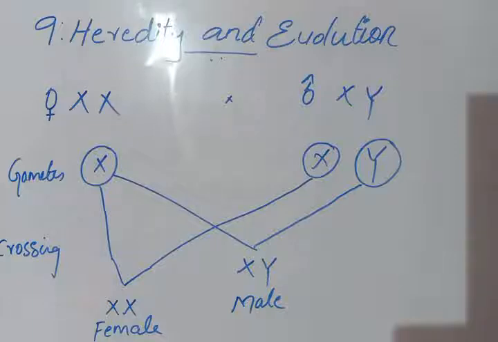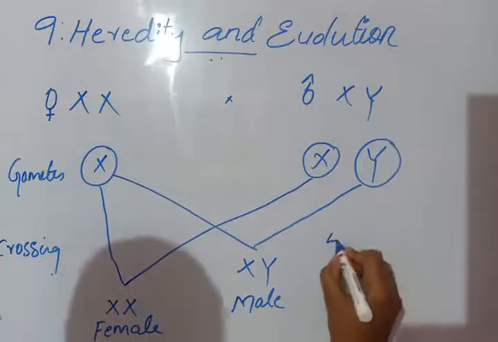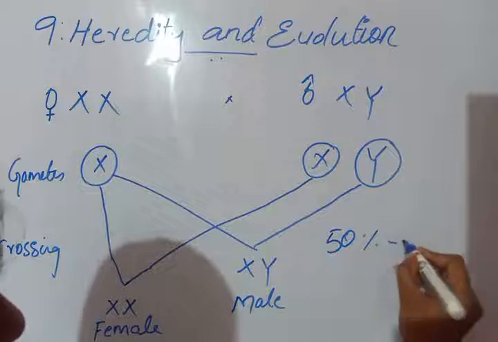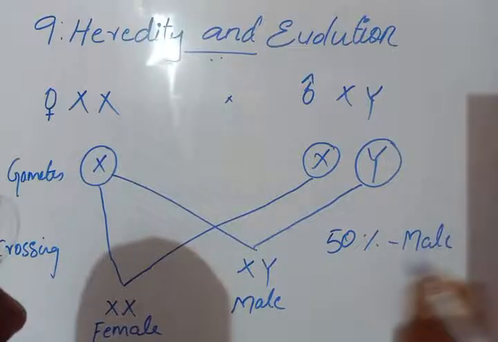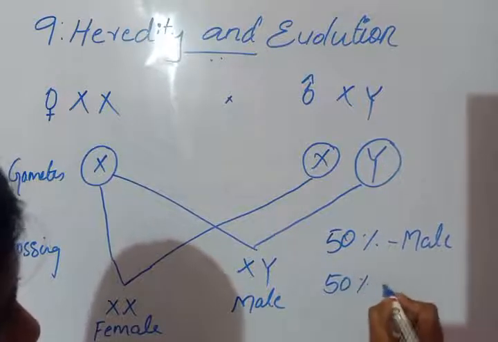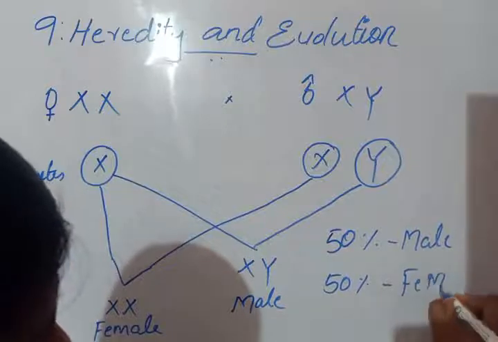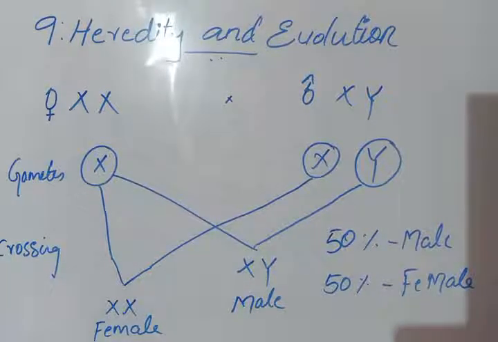Suppose the X chromosome of the mother crosses with the Y chromosome of the father, the newly born child will be male. So there is a 50% chance to become a male child and a 50% chance to become a female child. You understand? So 50% chance to become a boy or 50% chance to become a girl.